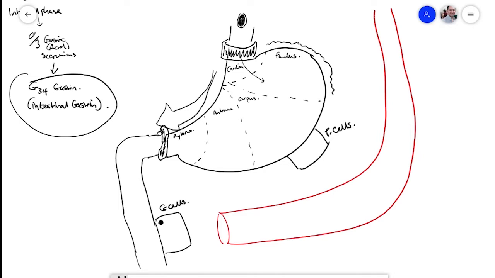And a cool thing happens is that in and around the pylorus we can store about 30 ml of chyme.